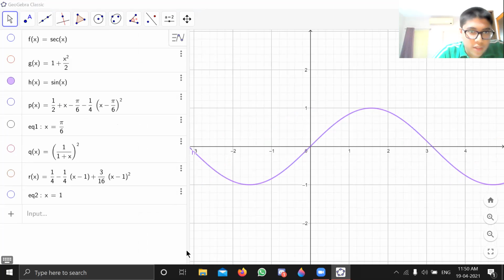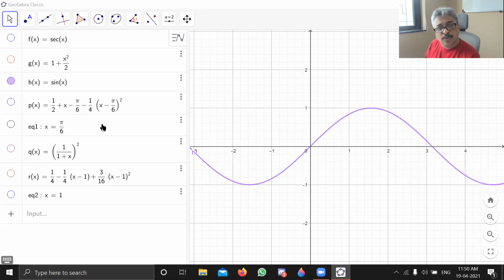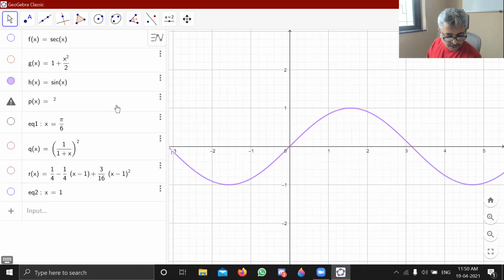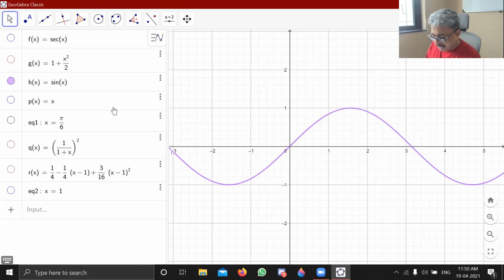So should I keep the x minus pi by 6 terms? No, that will also become 0, it will become x. No, earlier problem only. You delete this and write down the approximation for sin x. Sin x was x, and then quadratic also remains x.